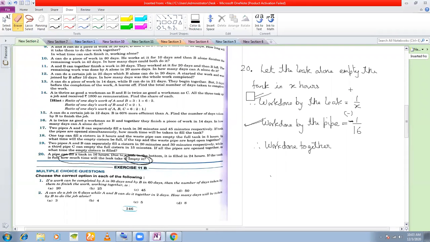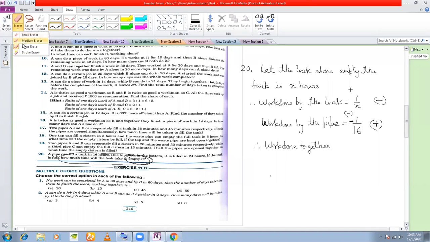You have to see the question. The question is regarding what? If the question is regarding filling the tank, or the question is regarding emptying the tank. In the earlier question we had a question regarding filling the tank. That is why we had taken the work done by the pipe, or the tap, to be positive, and work done by the leak to be negative.